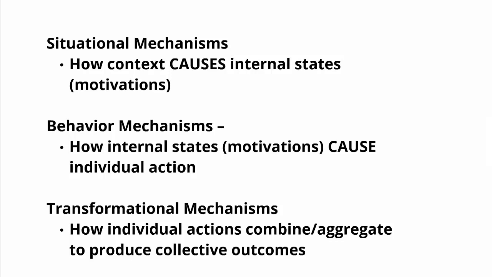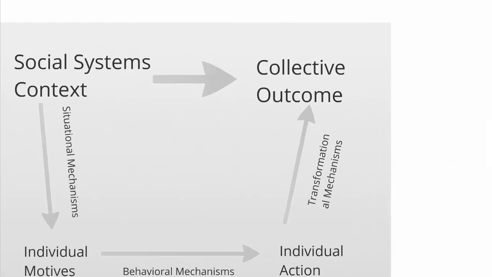The classic example is if there's a fire in a movie theater. Somebody yells fire, people start running out and pushing each other down, and people get trampled, and somebody dies. Again, the transformational mechanism is how everyone comes together and a bad thing actually happens.